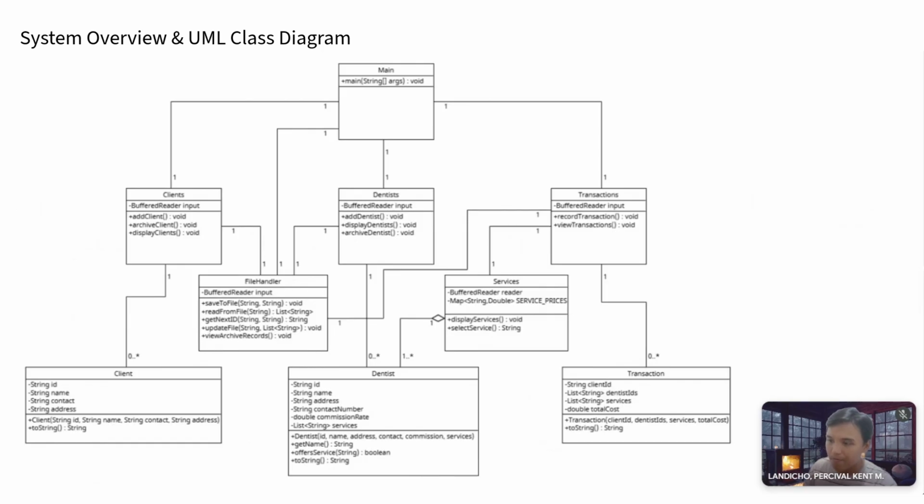The constructor accepts all four values. The toString method formats the transaction data using commas and semicolons as delimiters for file storage. This class represents the link between a client and dentist and the service rendered.